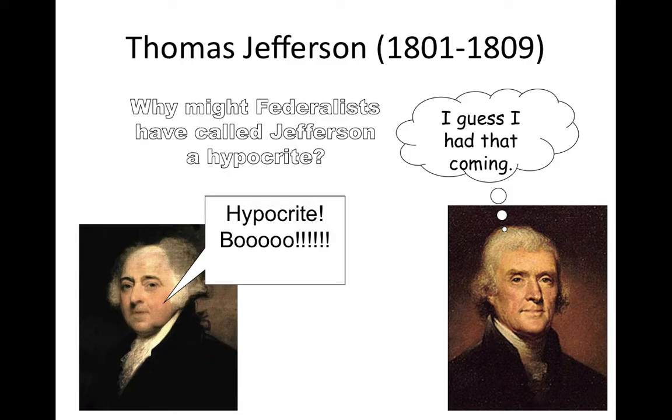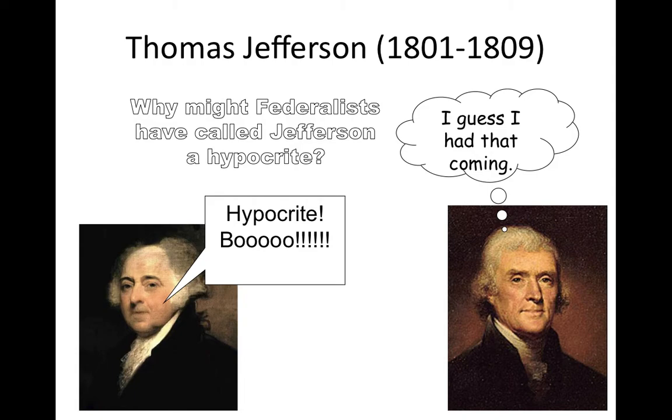So some, of course, look at this as a contradictory move on the part of Jefferson. Remember that Jefferson believed, as the Democratic Republicans did, in small national government, in restricting the powers of the national government to a very strict interpretation of the Constitution.